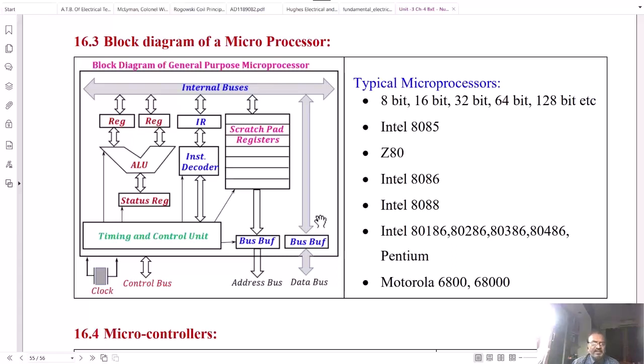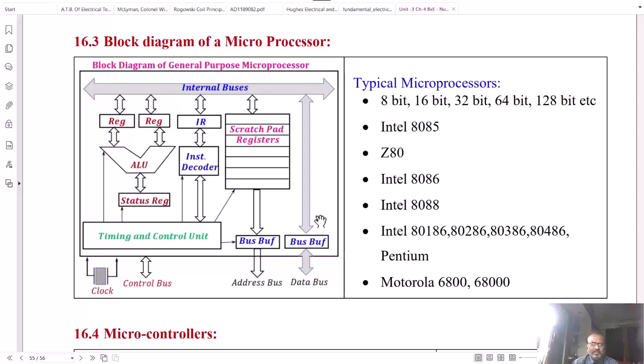Bus is basically a set of wires. For example, 8 wires carrying 8-bit data is called an 8-bit data bus. If these 8 wires are carrying the information that represents the address of a particular location, internal or external, then it is called an address bus.